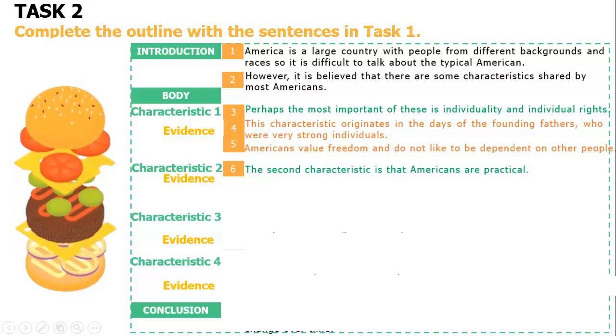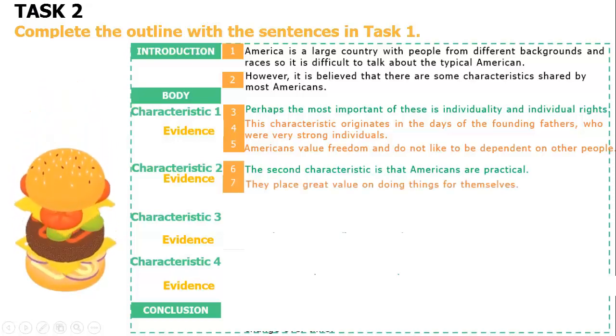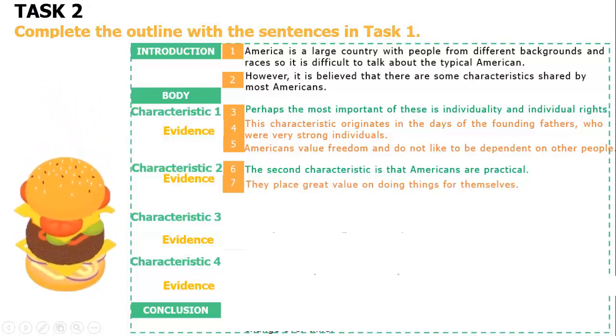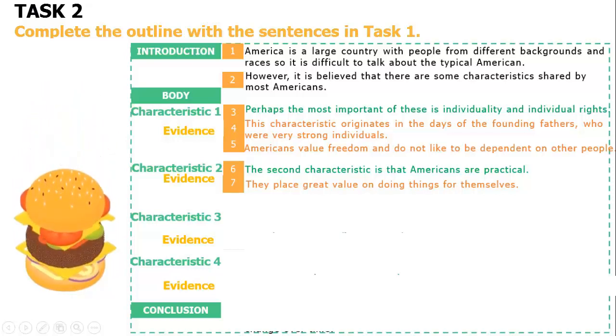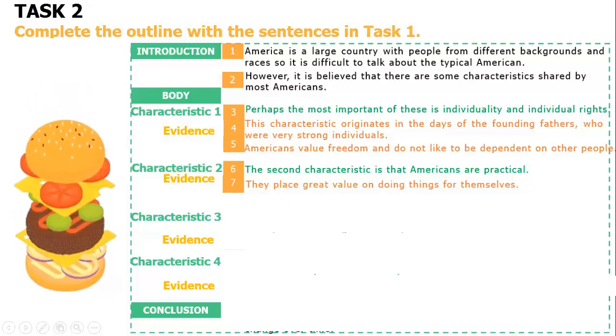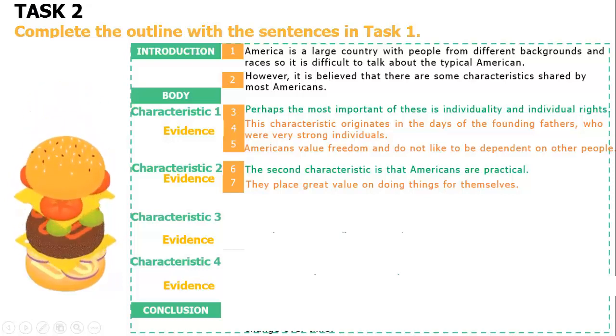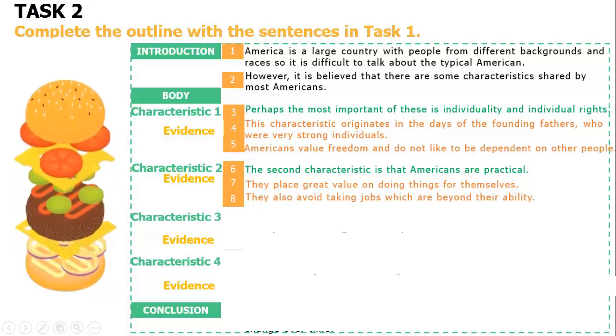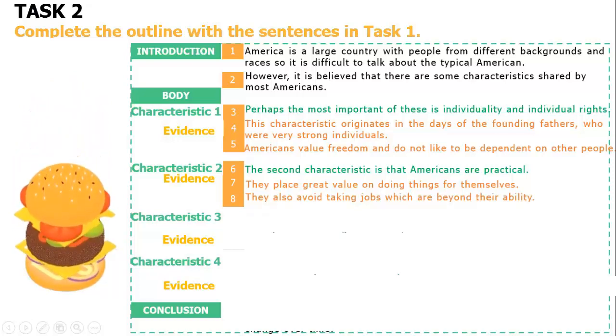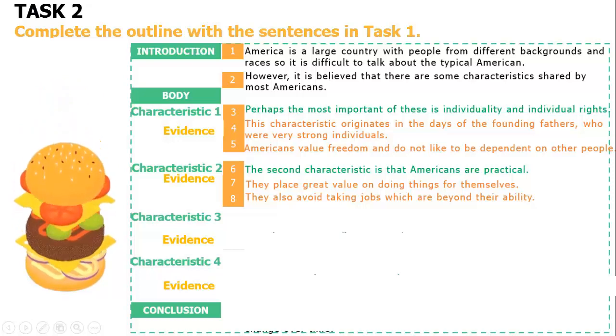To explain this one, for sure, the first evidence is sentence 7. They place great value on doing things for themselves. And the second one is 8. They also avoid taking jobs which are beyond their ability. What about the third characteristic?